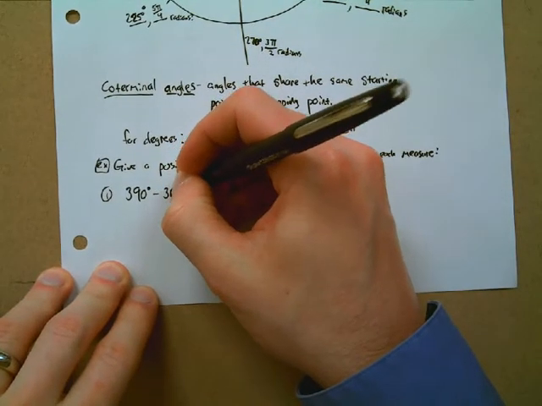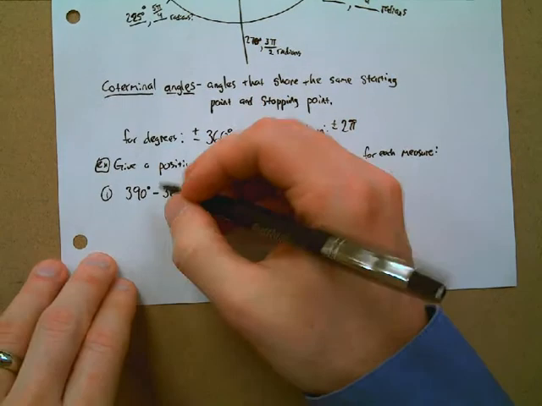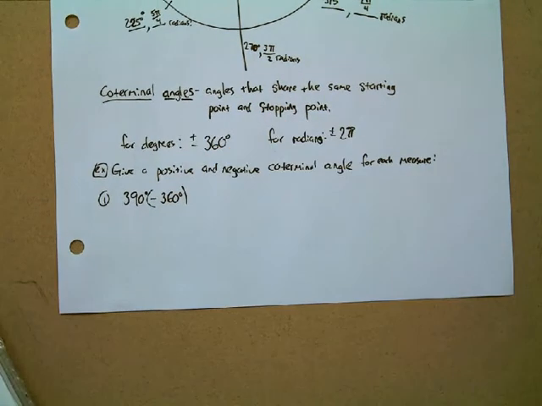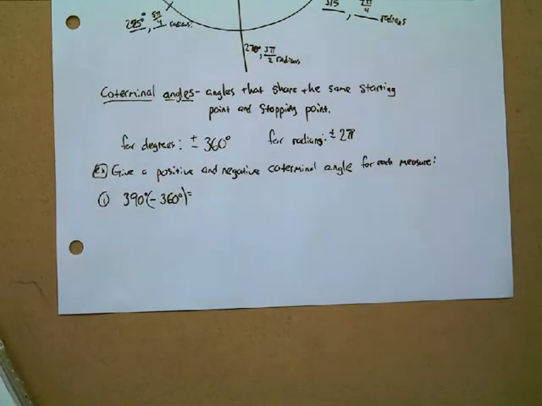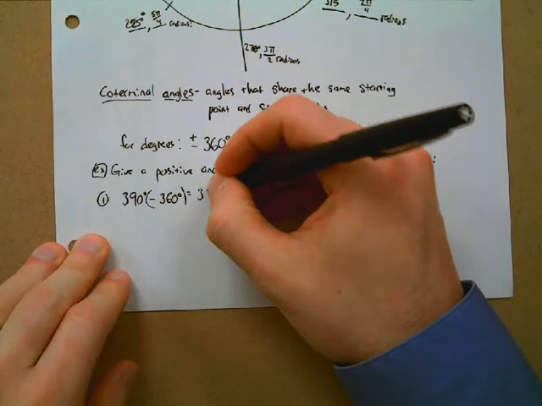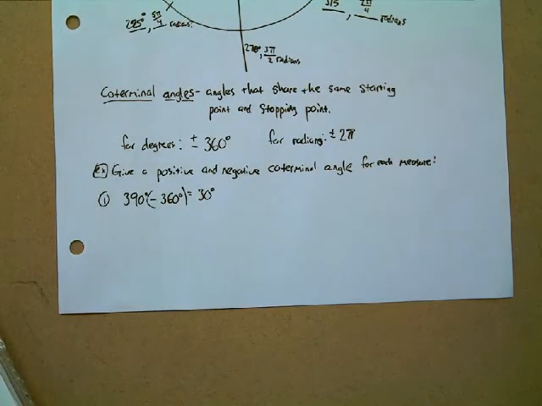That's not to say those two angles are equal; we're really just coming up with coterminal angles. Obviously a 390-degree angle is not the exact same thing as a 30-degree angle, but they are in the same position at least. So there's a positive coterminal angle.